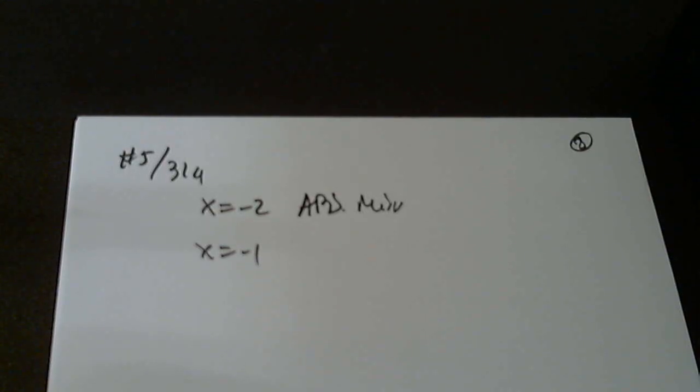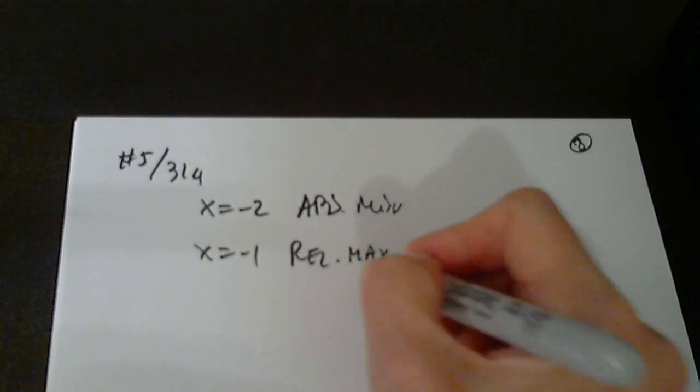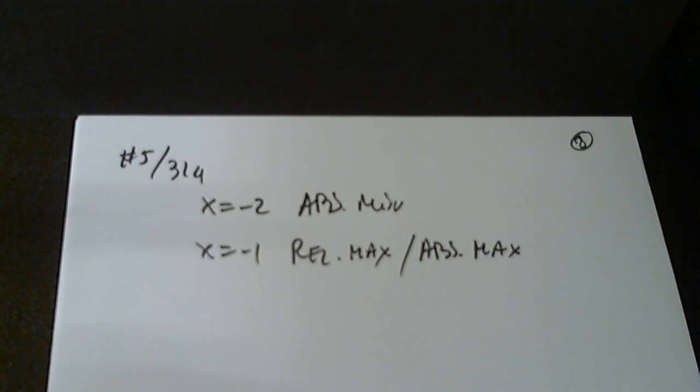Would that be the relative maximum? A relative max, and also an absolute max. It's relative because the function exists on both sides, and it also happens to be the absolute one because there is no other value higher than it.